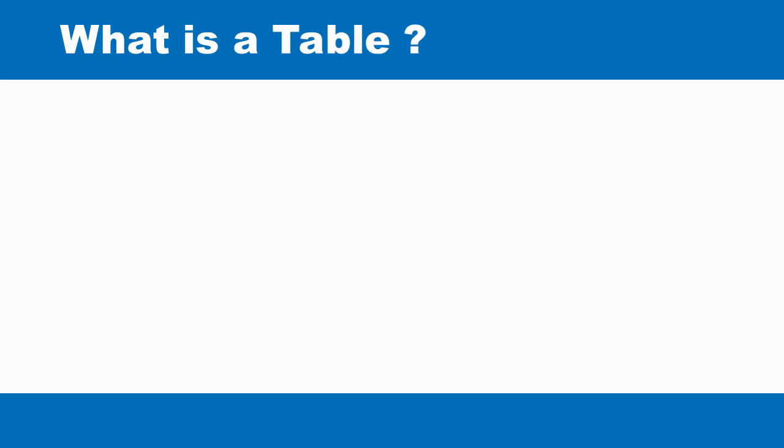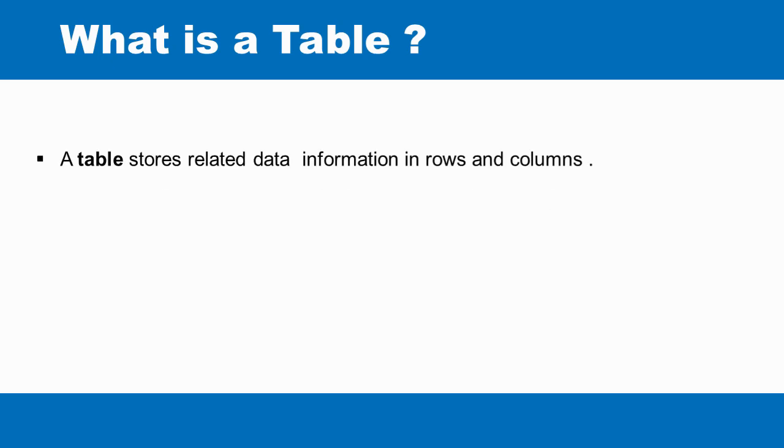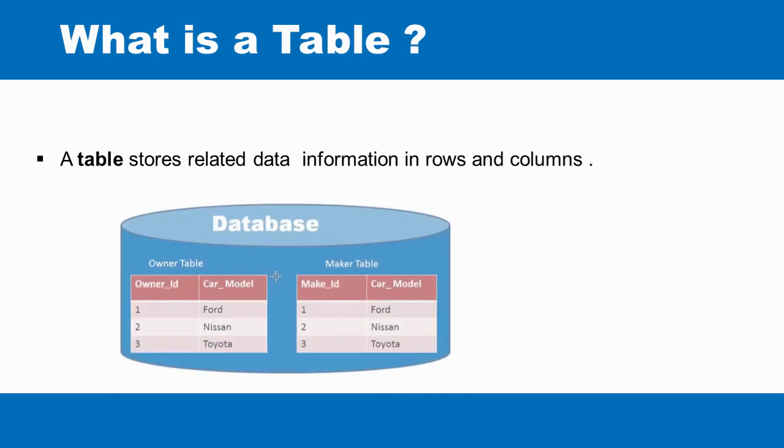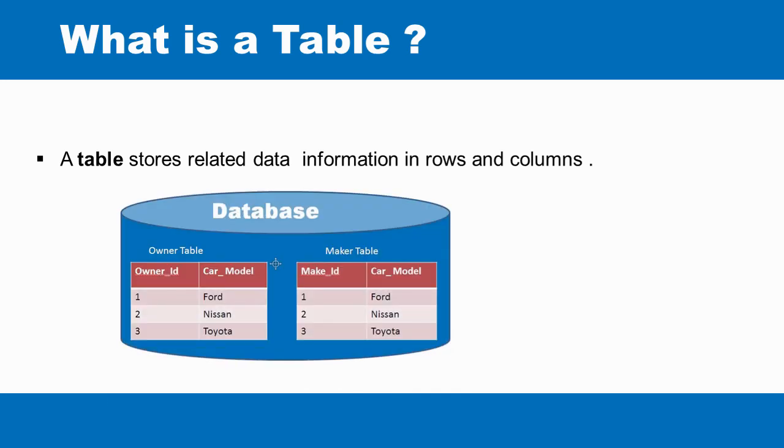A table basically is used to store database information, and it stores that information in rows and columns. So I have an illustration of a database that contains two tables. These are rows. Rows go down vertically, and these here are referred to as columns.